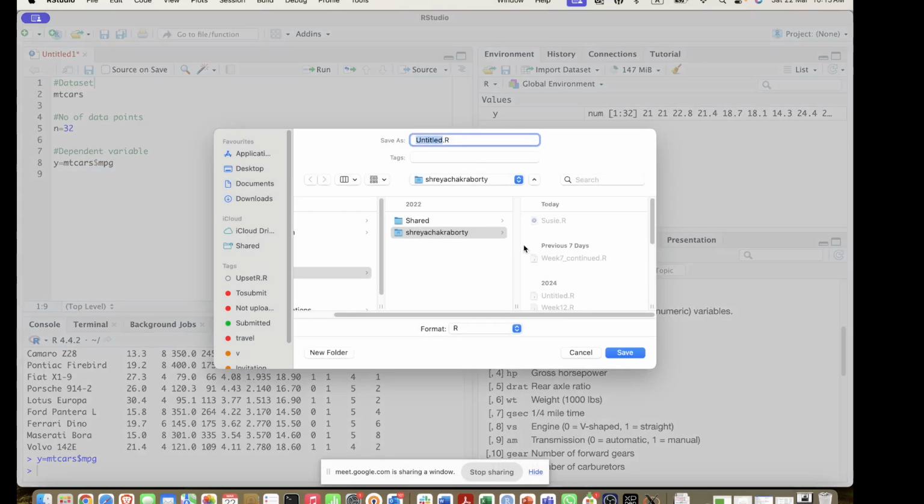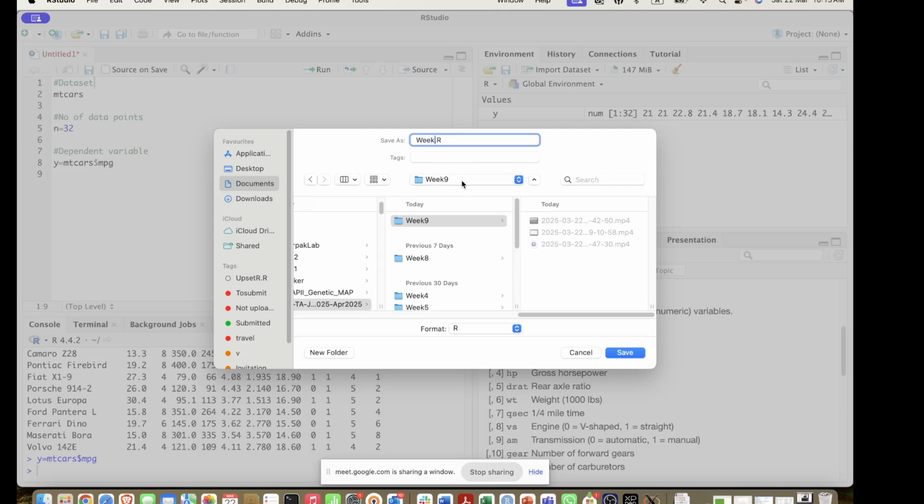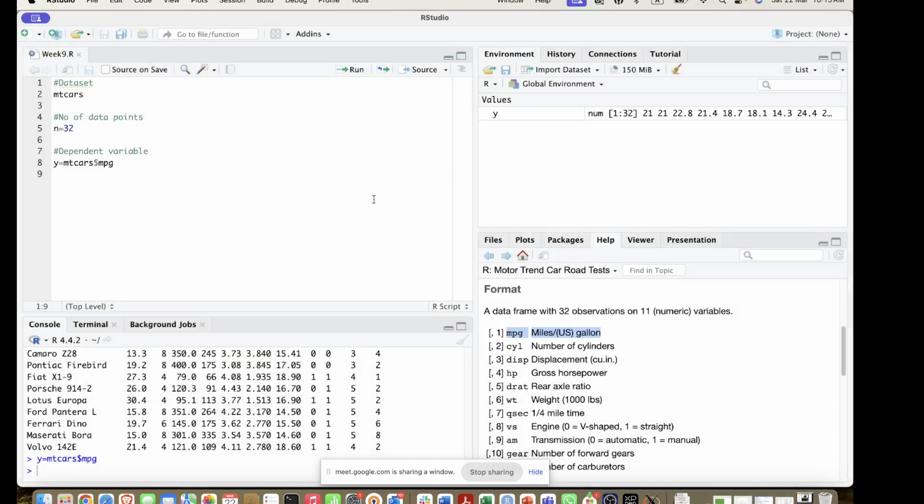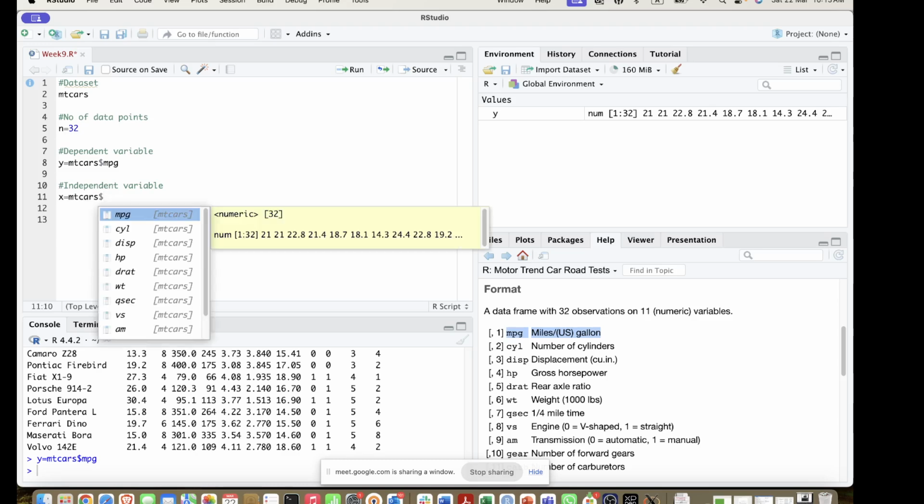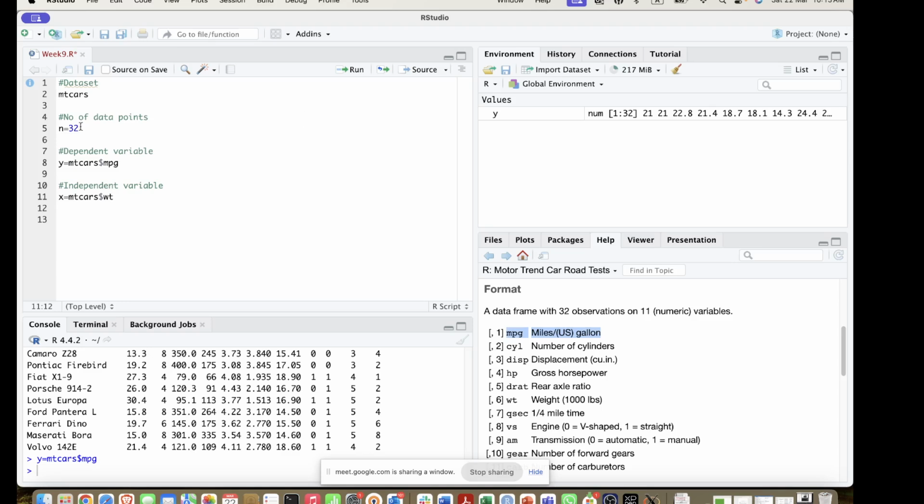Let me save it in an appropriate folder. Okay, so y is my dependent variable, and as my independent variable I am choosing x as weight, so mtcars dollar weight.